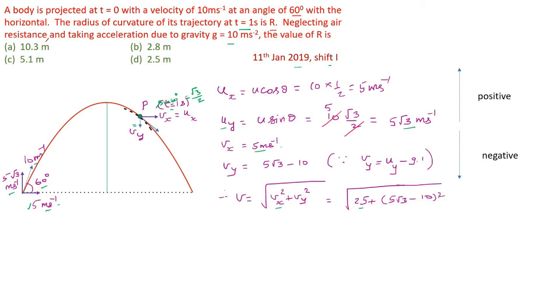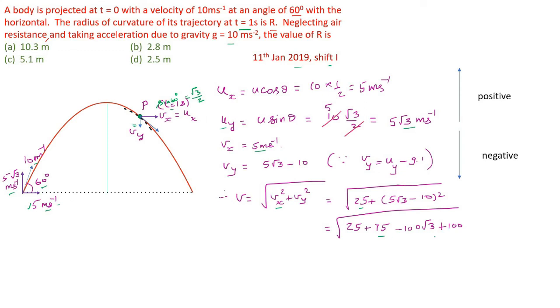You can use the a minus b whole square formula, which is a square minus 2ab plus b square. 5 root 3 square will be 75, minus 2 into 5 root 3 into 10, so minus 100 root 3, plus square of minus 10, which is 100.